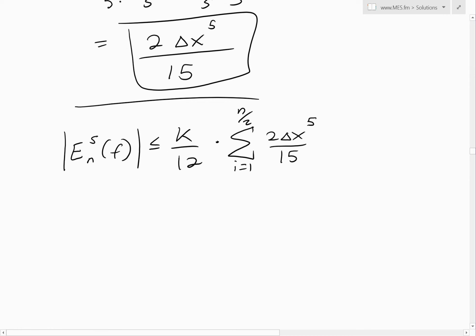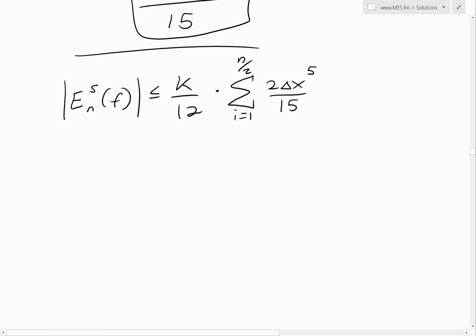And now this is just a summation of a constant, so this equals k over 12, multiplied by n over 2. That's just a basic summation, times the number of times. So we're just multiplying this constant by the number of summations, which is n over 2, the number of intervals. And then we just do times delta x to the 5 over 15.